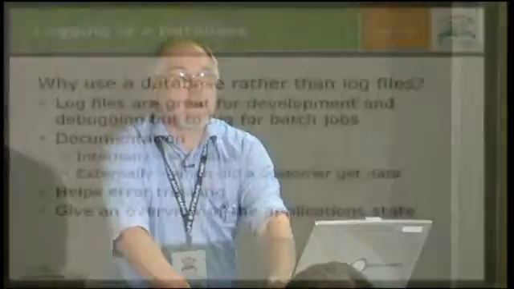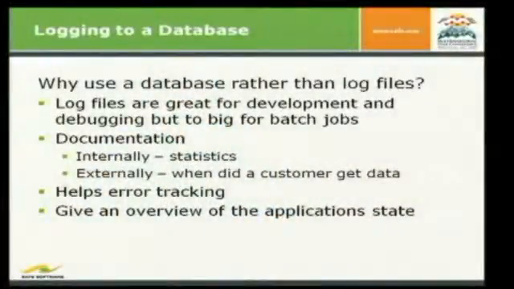Logging: as I told, I had an application that ran, I think, 385 jobs in a single day, 24 hours. We can't go through all the log files to see what's going on. So having some kind of logging where we log into databases is a very powerful way of doing that.